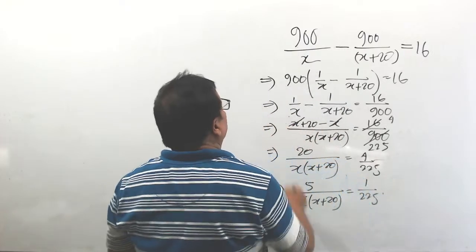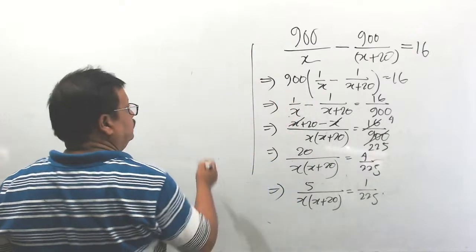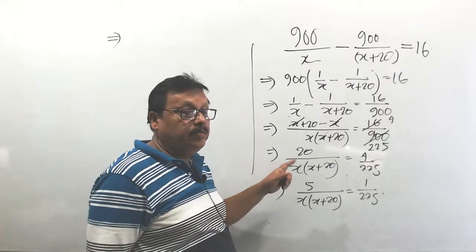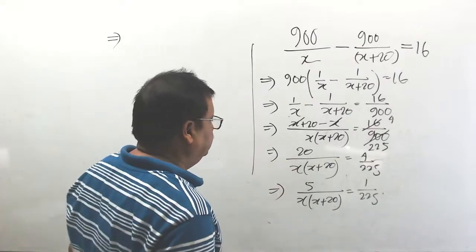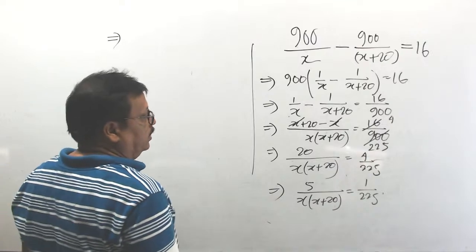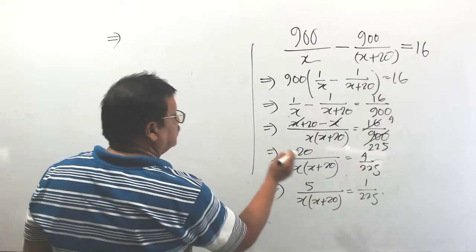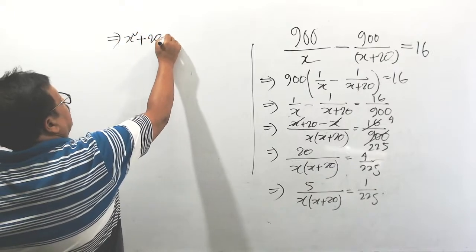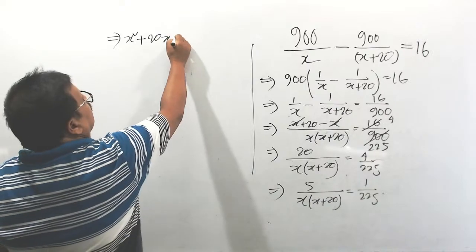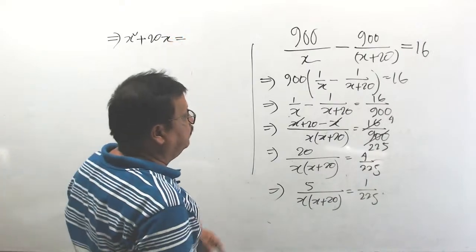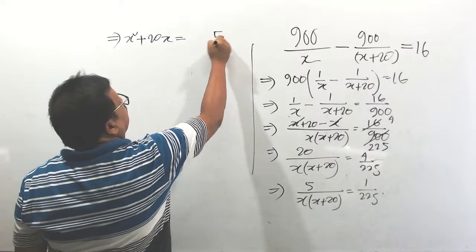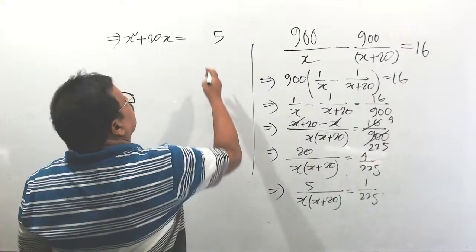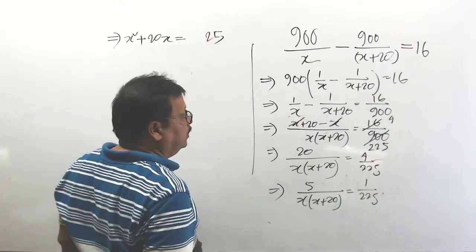Understood? Now come here. Such types of equations you have to solve carefully. Now x into x, that is x square plus 20x, is equal to, multiplying by 5, 5 5s are 25, carry 2, 5 2s are 10, 12, carry 1.